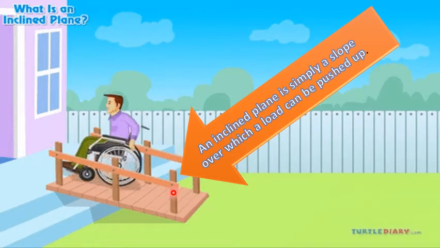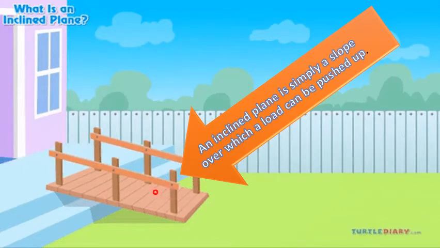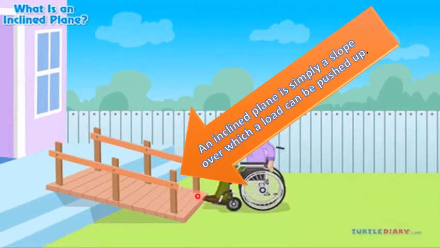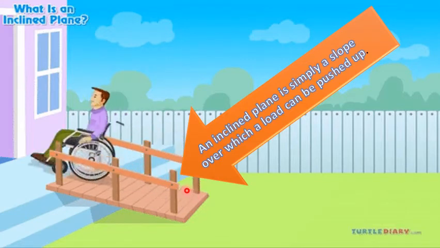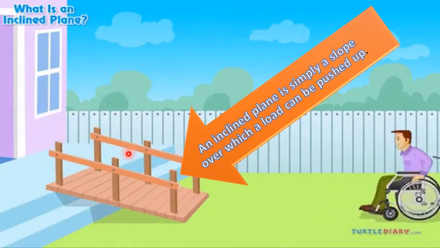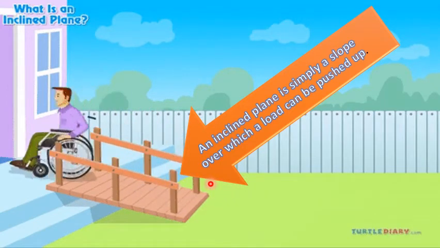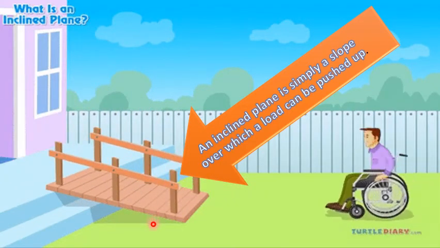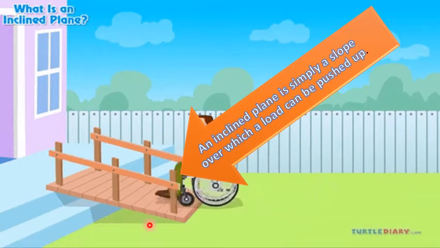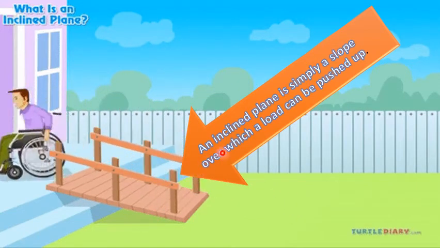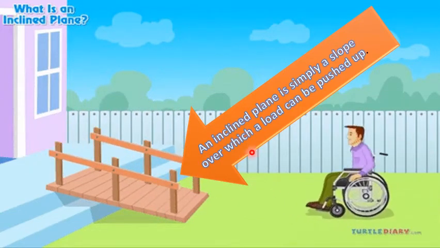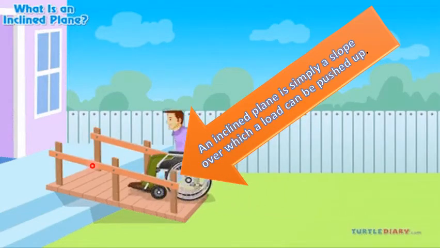Not at all. He needs a kind of ramp on which he can move his wheelchair. This ramp is basically making a slope. This ramp is basically making an angle with the main ground. So what is it? An inclined plane is simply a slope over which a load can be pushed up.